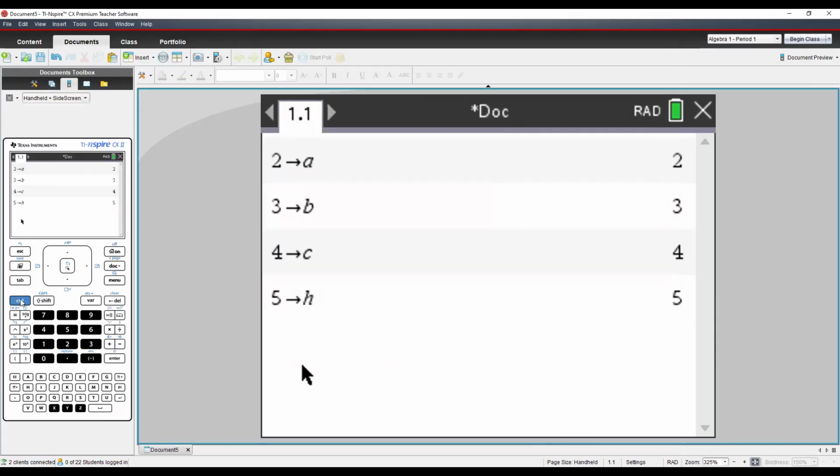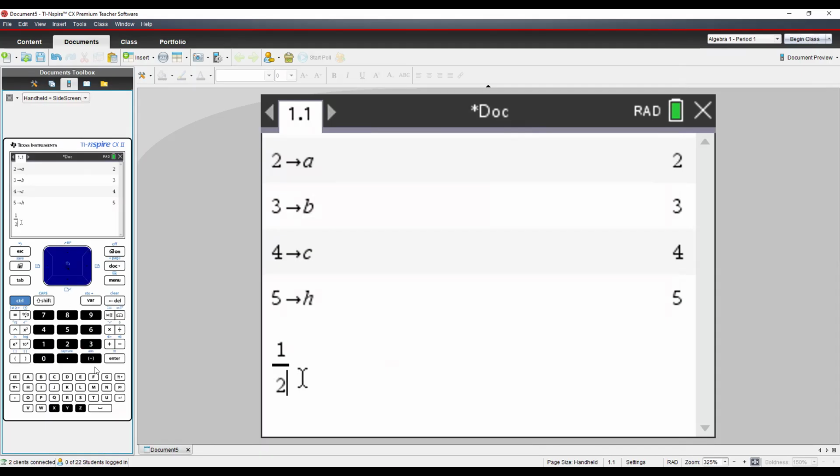So I need a stack fraction. So stack, I need 1/2. And then I'm going to put in A. Now remember, I got to put multiplications between these letters, otherwise the calculator gets confused.